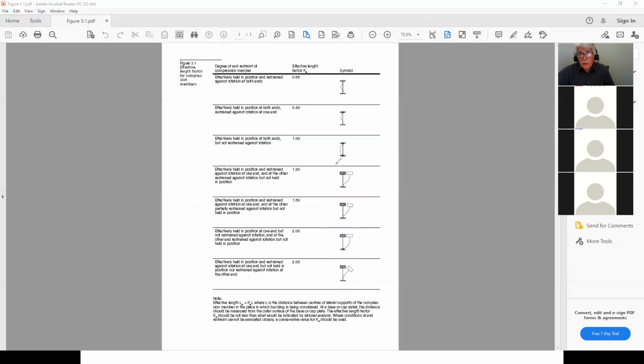So that's where you see these situations occurring. But if it's laterally supported onto the brick wall, as long as you've got something to resist the lateral forces.